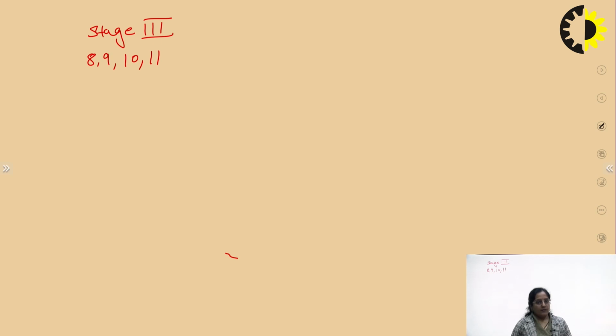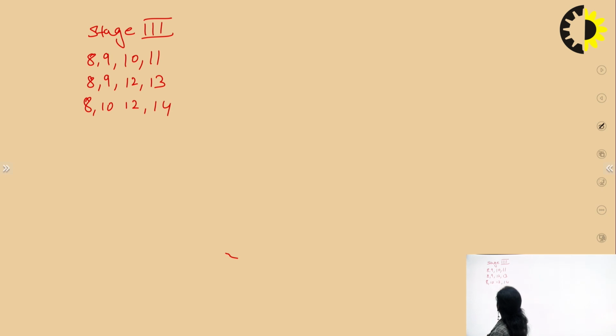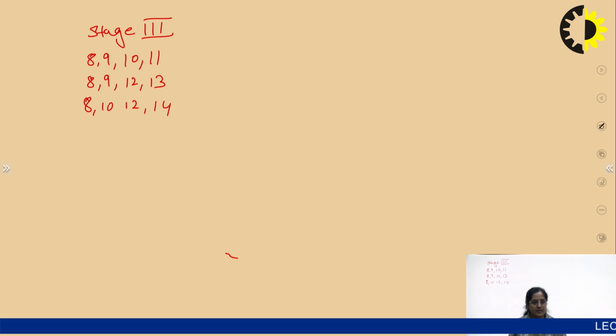Then we have a pair between 8, 9, 12, 13. Then we have a pair between 8, 10, 12, 14. You will find that for 8, 10 the difference is 2, and for 9, 11 again the difference is 2.